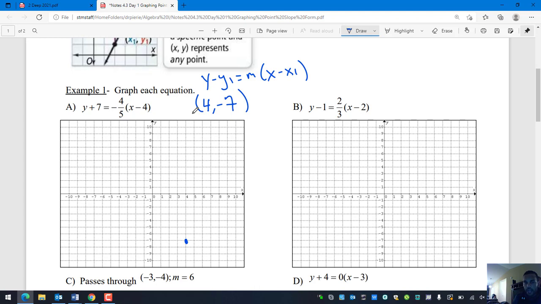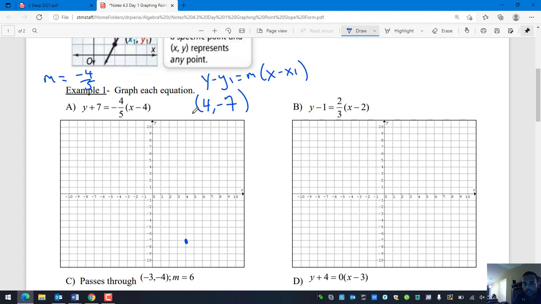Then all I have to do to graph this line is get one other point. If I look at my point slope form equation, I know that my m is equal to negative 4 over 5. It has a rise of negative 4 and a run of 5.